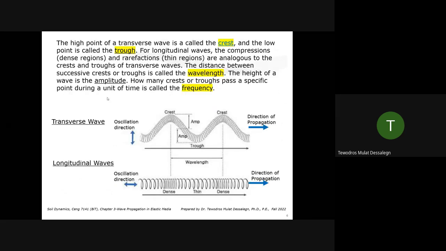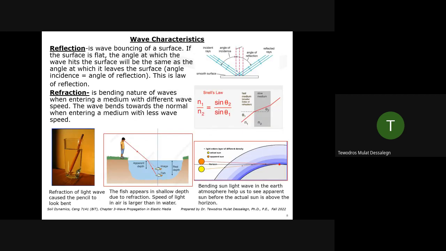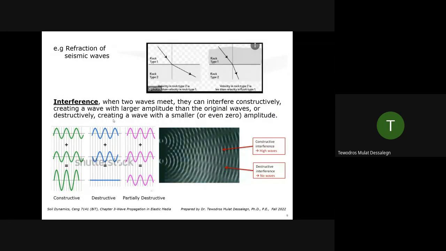And we have seen some parameters and characteristics of waves: wavelength, period, frequency, and wave velocity, where wave velocity is just the wavelength divided by period, or wavelength times frequency, the wave speed. And some characteristics of waves: we have seen reflection or refraction, which is the bending nature of waves, or wave interference.